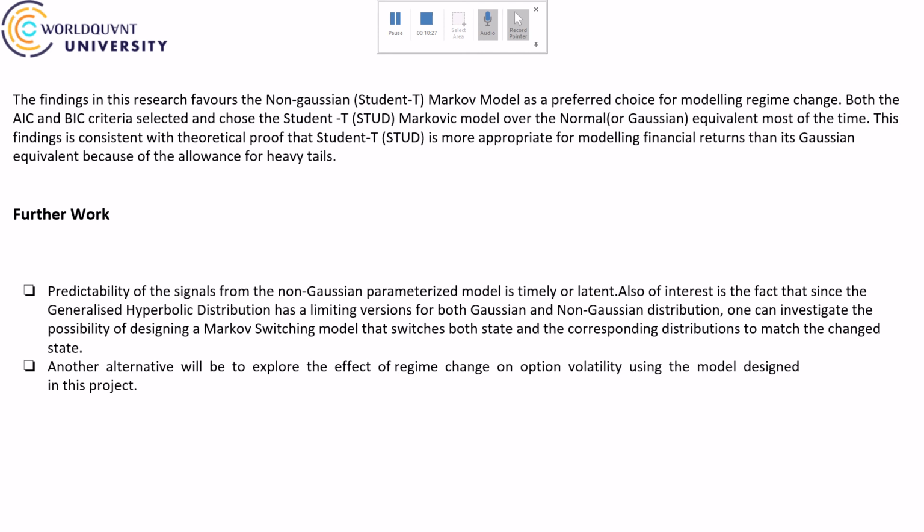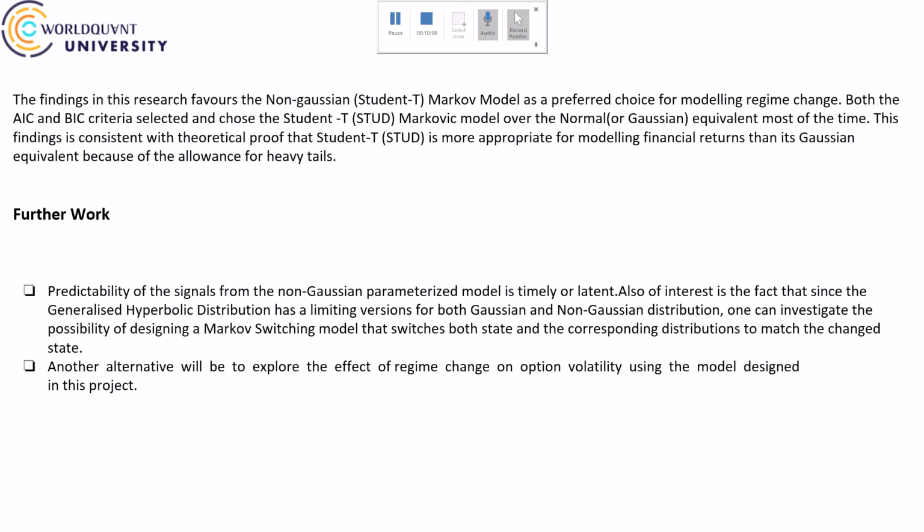As some areas of improving our research project in the future, there is an area of research that one can look at and improve, since the generalized hyperbolic distribution has limiting versions for both Gaussian and non-Gaussian distributions.